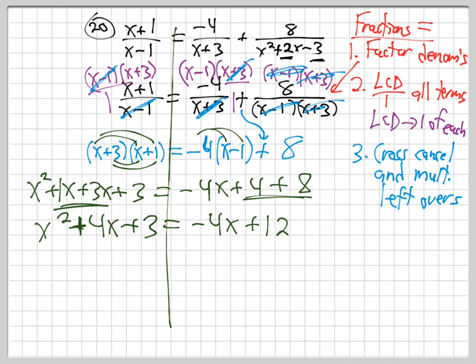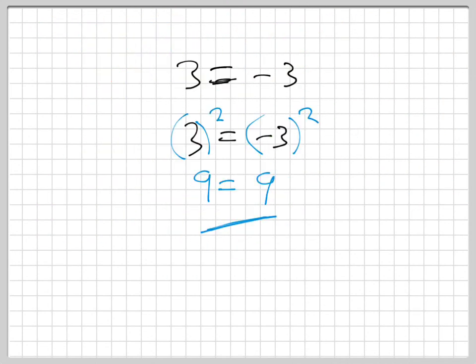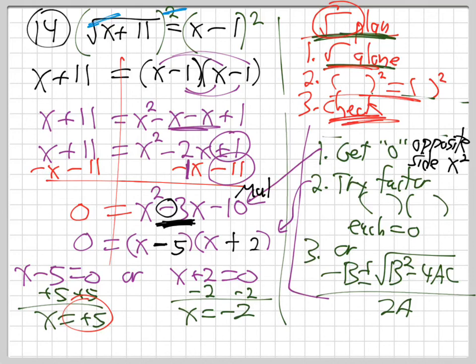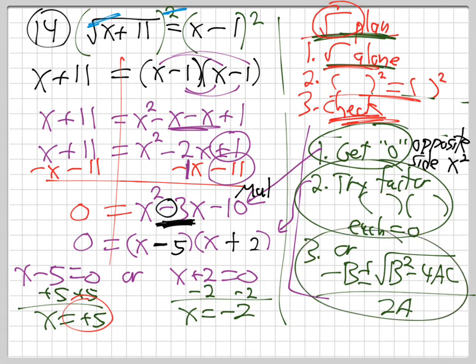We don't have any of those. And if a 2 power shows up, what was the plan? Let's go back. Get a 0. Try to factor. If it won't factor, do the quad. So you want to be super clear on those two recipes. Does that make sense? If a root shows up, get it alone 2 power. If an x squared shows up, get a 0, try to factor.